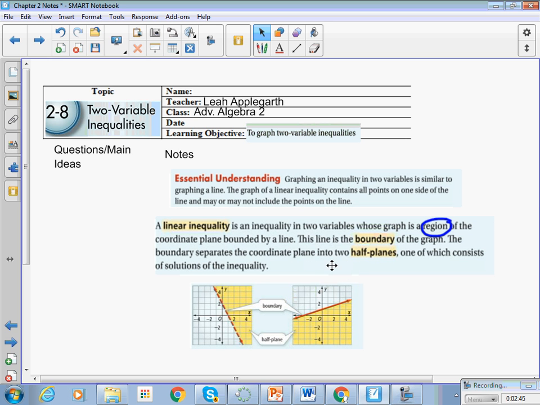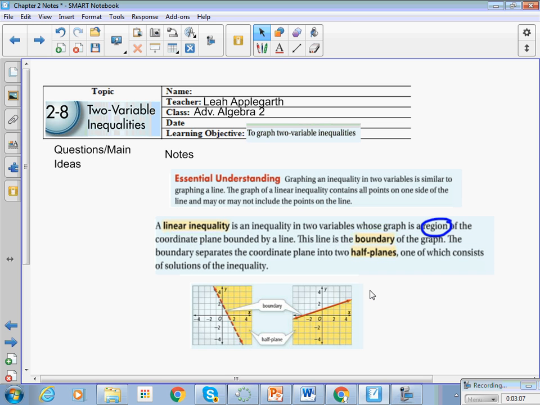So the boundary separates the coordinate plane into two half planes. Your line cuts your graph in half and you get a half plane. One of those half planes is going to be your solution to your inequality. The other half is not the solution.